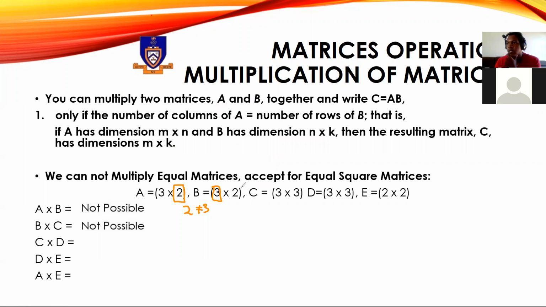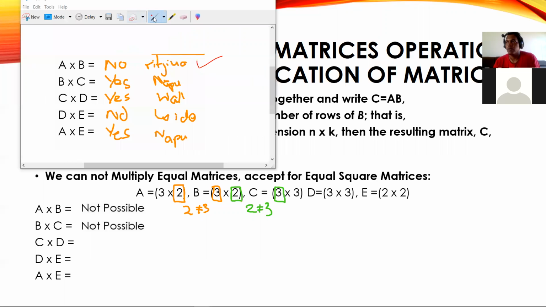We go to the column of B, and then the row of C. So 2 is again not equal to 3, so we cannot. That is what we have. And with that, Napa on this one, this answer is wrong.